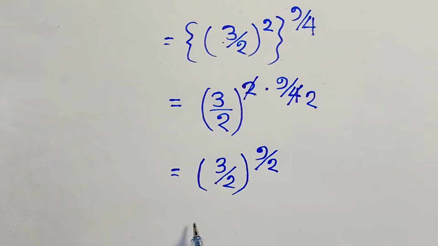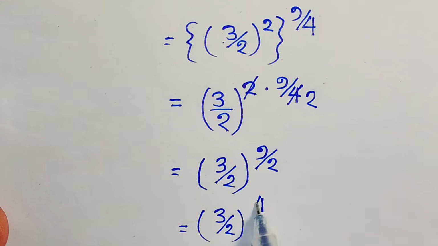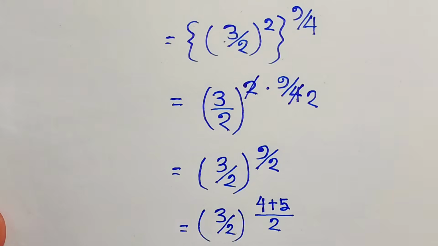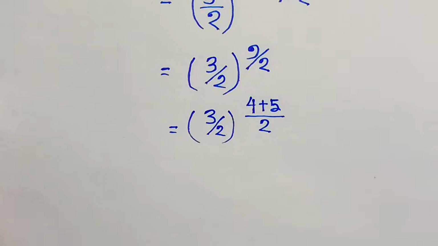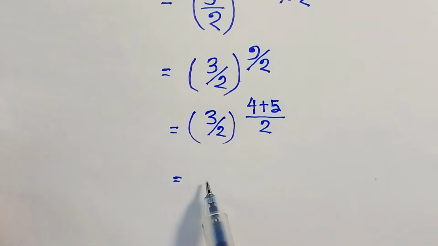So here we can write (3 divided by 2) to the power 4 plus 5 divided by 2. We just simplify the power of 9 as 4 plus 5.